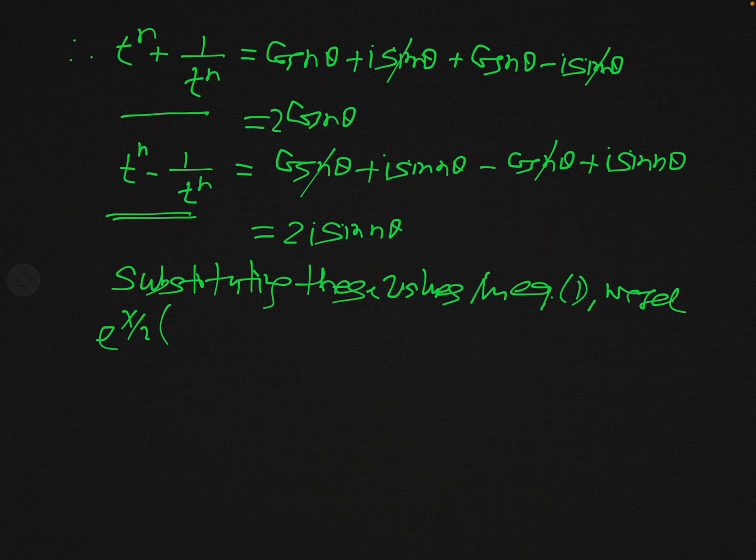So when n is 1, this term will be equal to 2i sine theta. So this is simply e raised to the power x over 2 times 2i sine theta. You can see this 2 and this 2 will cancel out and this is equal to e raised to the power i x sine theta.